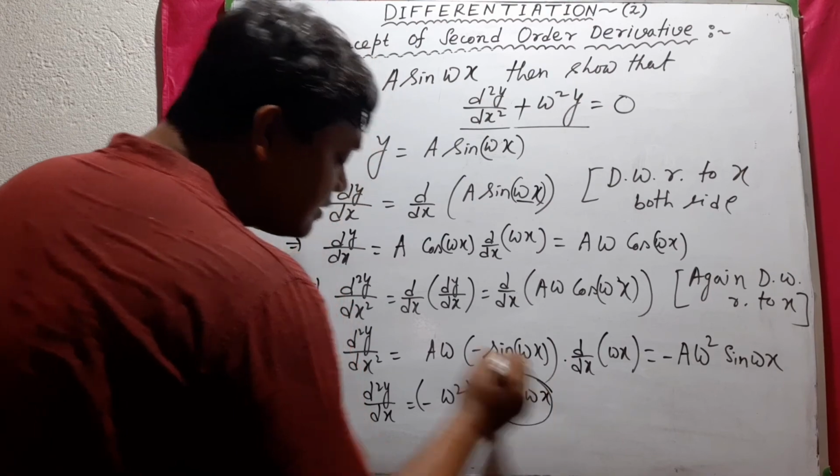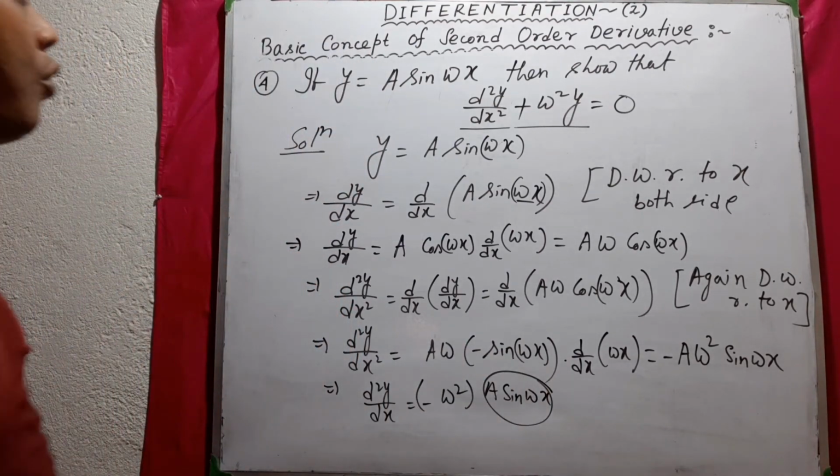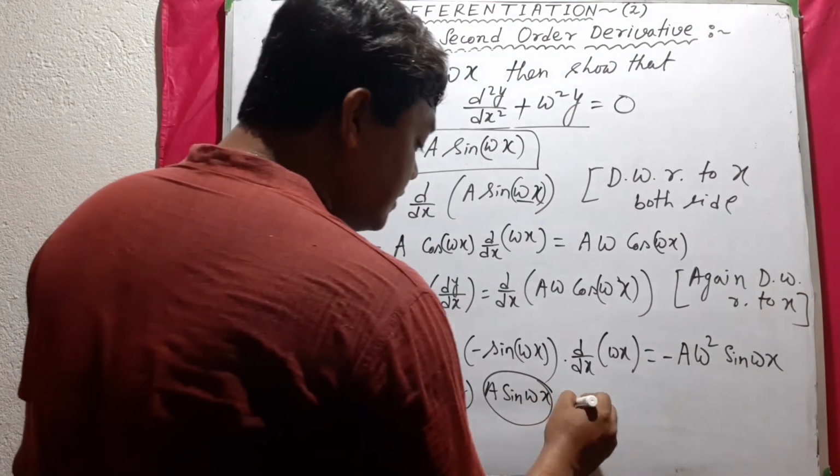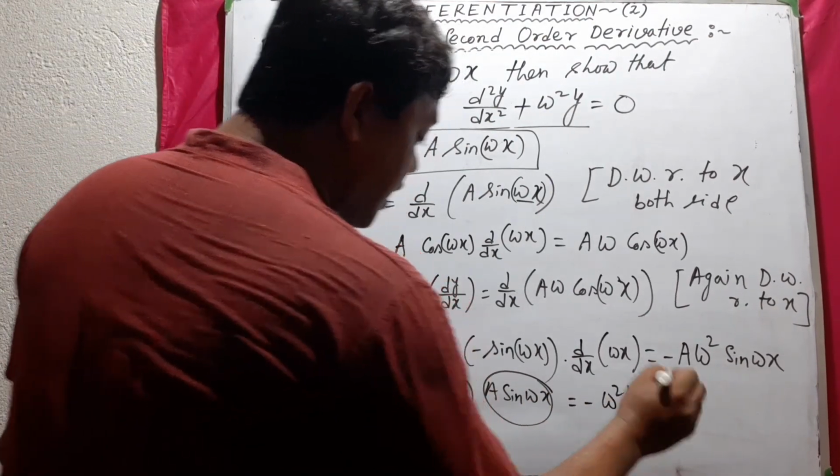What is this? A sin omega x, that is y. You see that? This is y. So that is minus omega square y.